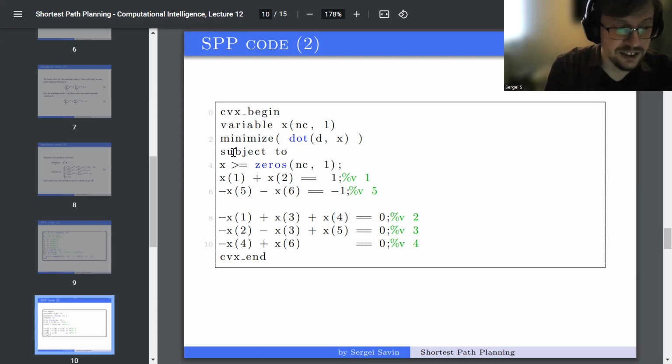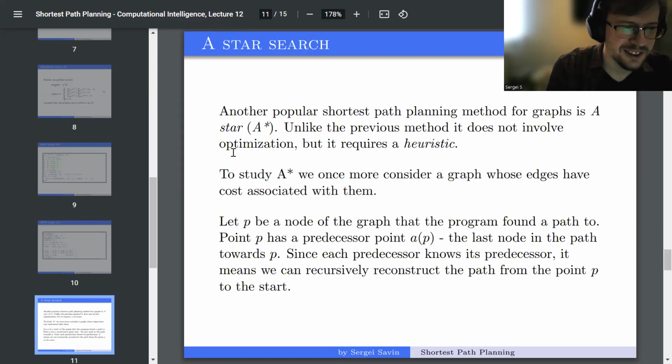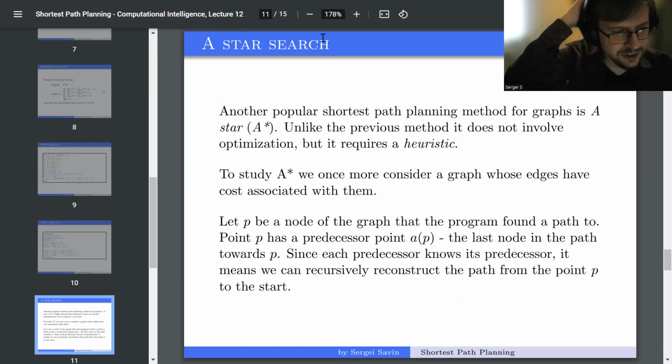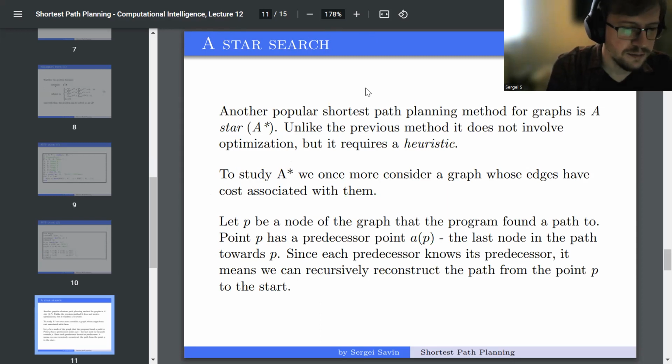All right, well, since we started talking about A star, let me just introduce what A star is. A star is a different popular shortest path planning method on a graph. We sometimes denote it as A asterisk, so A star. This doesn't involve convex optimization, but it involves a heuristic.